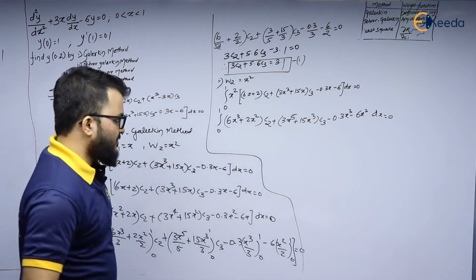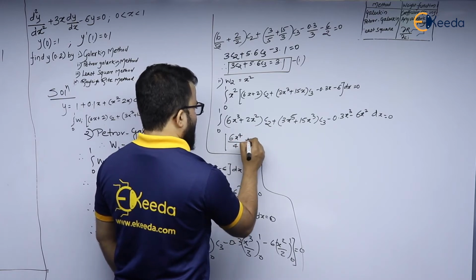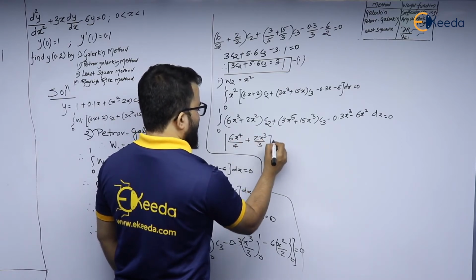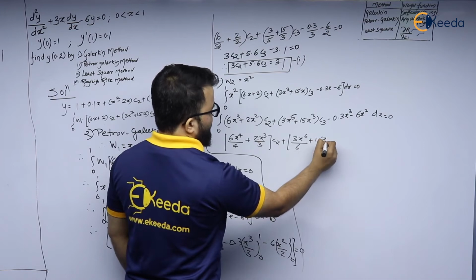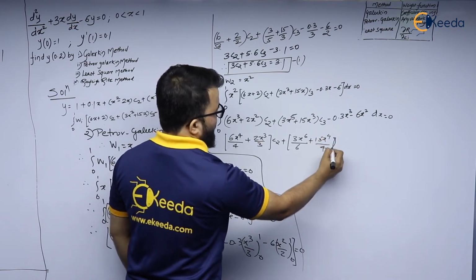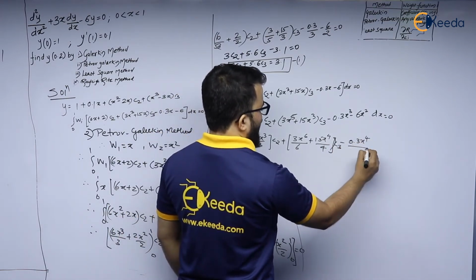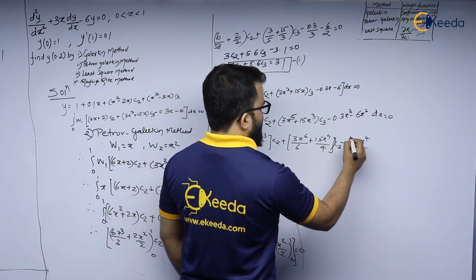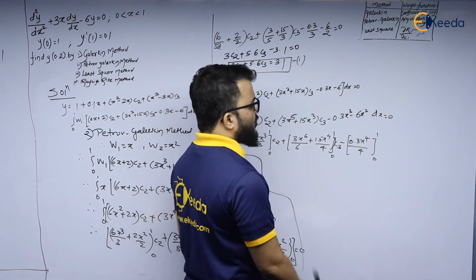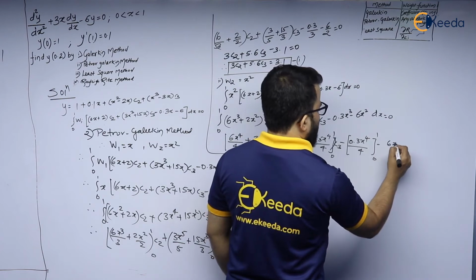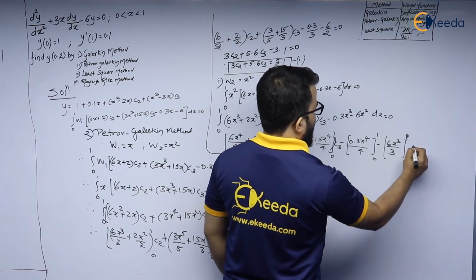Now I will integrate this term. After integrating, I will get (6x raised to 4 upon 4 plus 2x cube upon 3) into C2 plus (3x raised to 6 upon 6 plus 15x raised to 4 upon 4) into C3 minus 0.3x raised to 4 upon 4, with limits 0 to 1 on each, minus 6x cube upon 3, 0 to 1, is equal to 0.